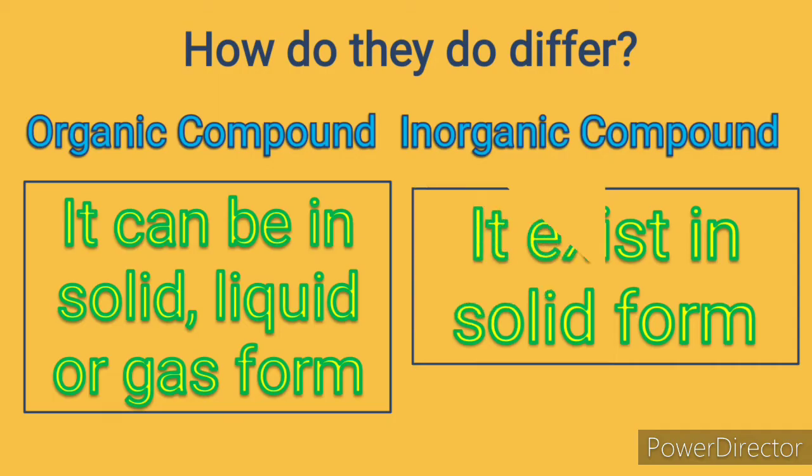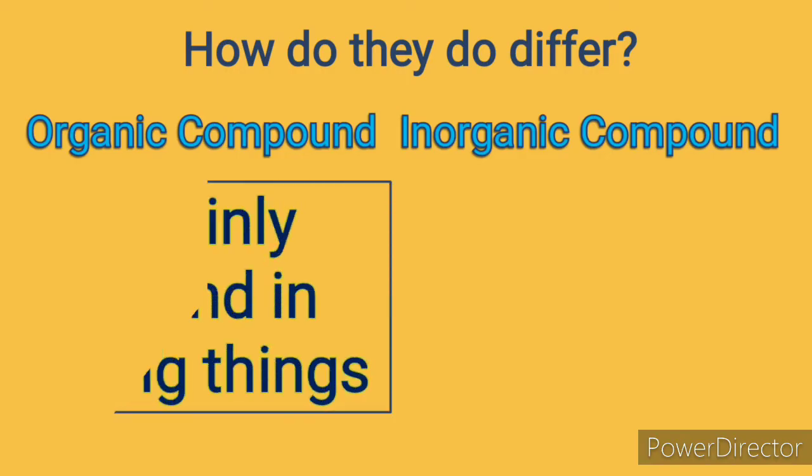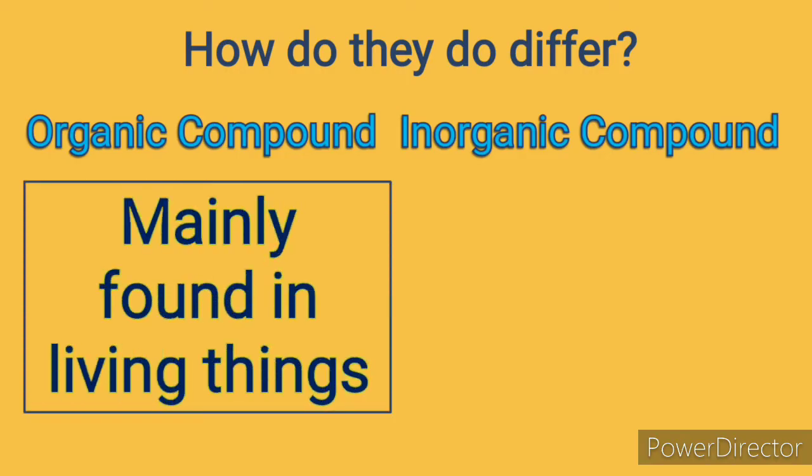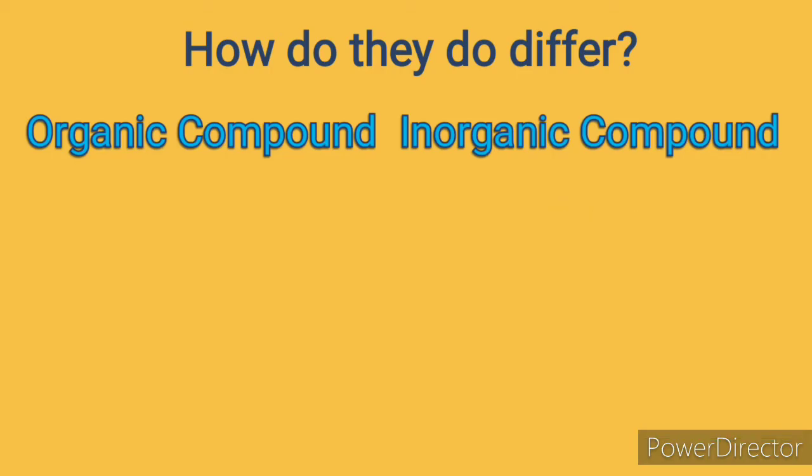But an inorganic compound exists in solid form, so it does not have a liquid form nor a gas form. What else? Organic compounds are mainly found in living things, while inorganic compounds are found in non-living things.